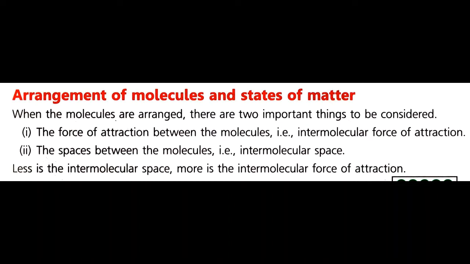And the space between the molecules is intermolecular space. The relation between the intermolecular space and intermolecular force is opposite. Less the intermolecular space, more the intermolecular force of attraction.